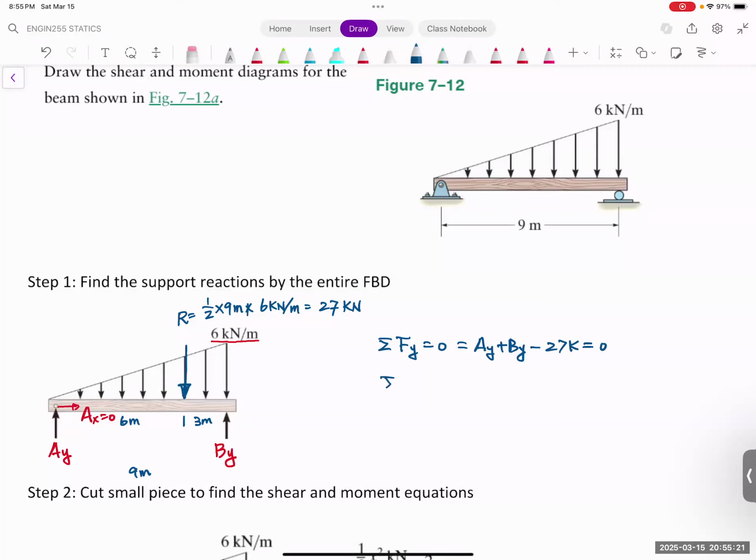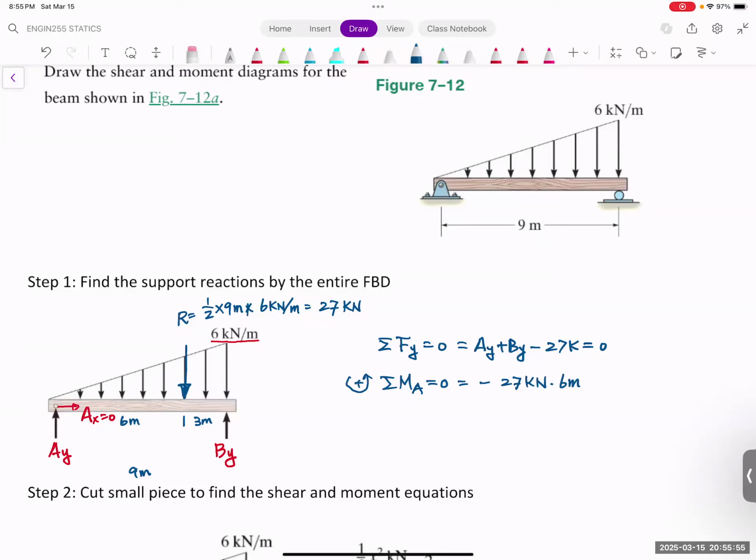We need an additional equation, so we use the summation moment, and you can choose any position. We're going to choose position A, and let's just assume this is the positive direction, equal to 0. A does not create any moment. The R is going to create a moment. It's going to be negative because it's clockwise, so it's negative 27 kNewton times the distance, which is 6 meters.